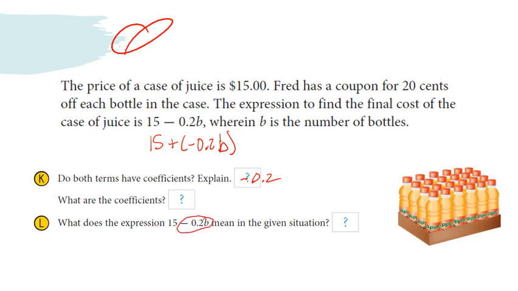That's going to reduce the total cost that you're going to spend. So a more elegant way of saying that is, if Fred has a coupon, then 20 cents is subtracted from the price of every bottle in the case. If Fred does not have a coupon, then the case is going to cost 15 cents.